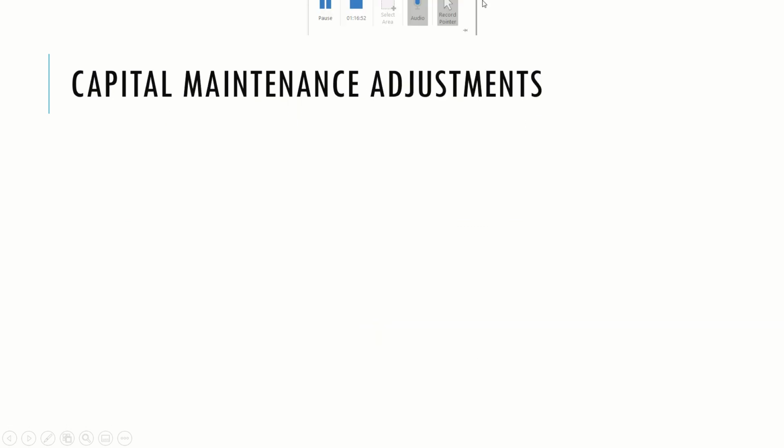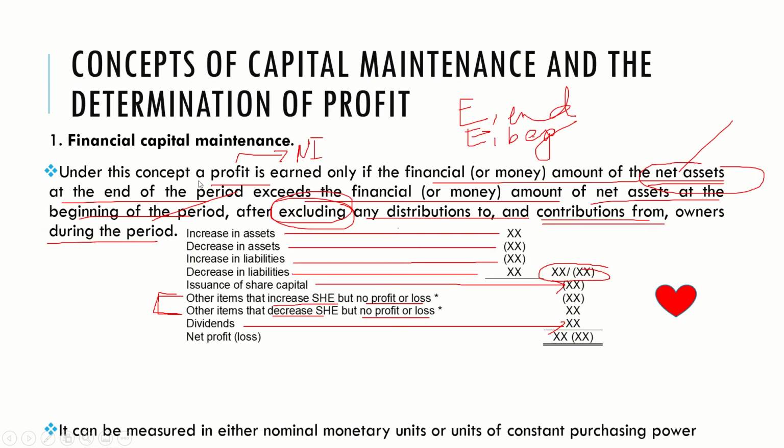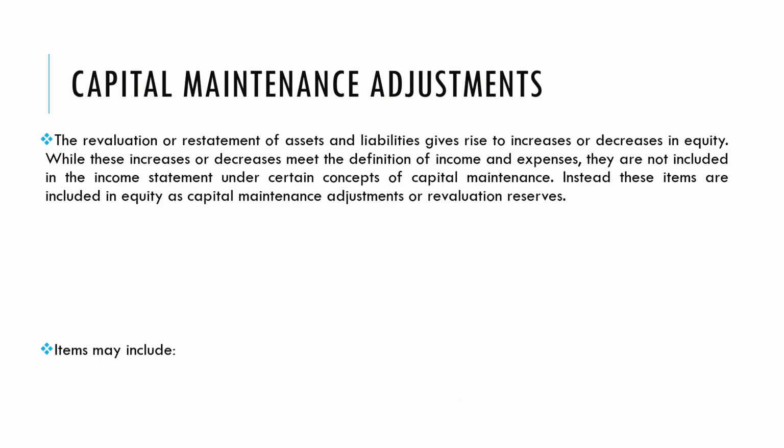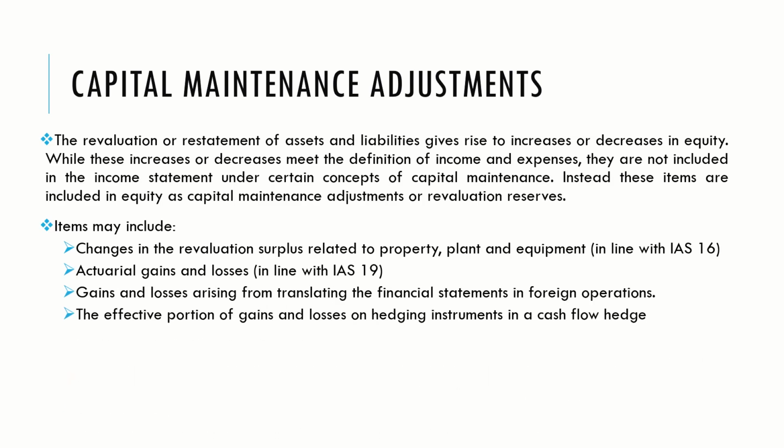Examples ng mga yon ay, ayan. So yung capital maintenance adjustments kanina, that does not represent any profit or loss, may include changes in revaluation surplus.